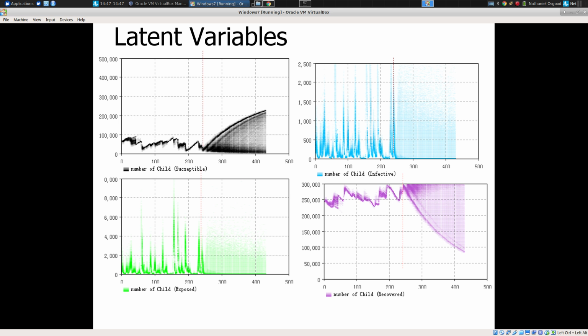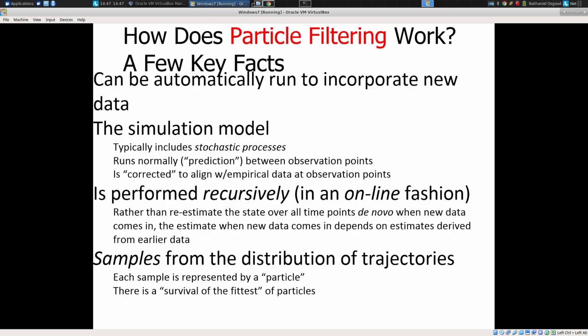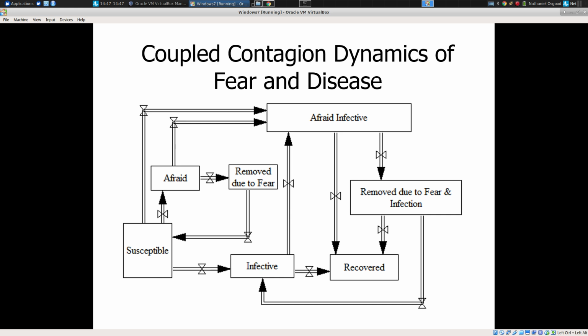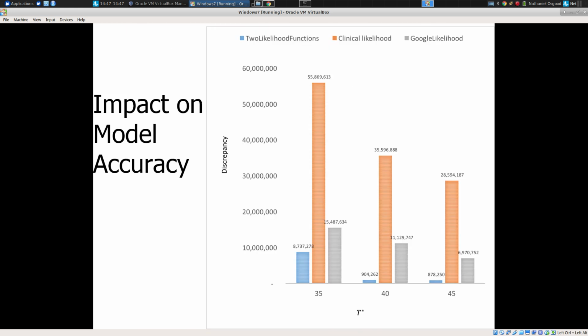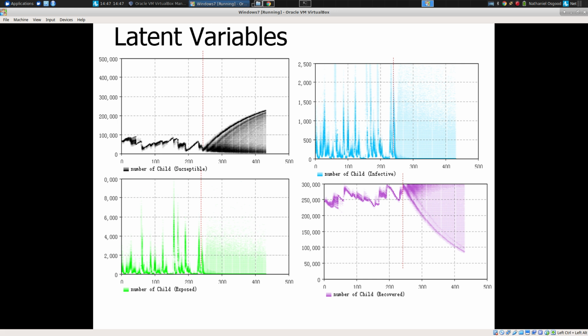So it gives you a picture of the latent state of the system, in this case different compartments, different stocks within the system, these different categories, which, if there's time, I'll try to explain in a system dynamics context later in a separate lecture today.